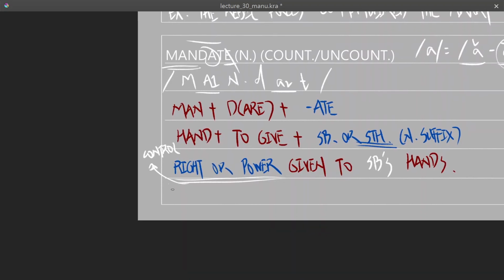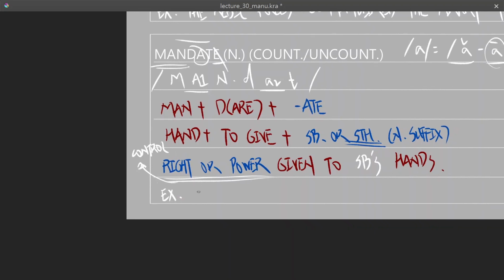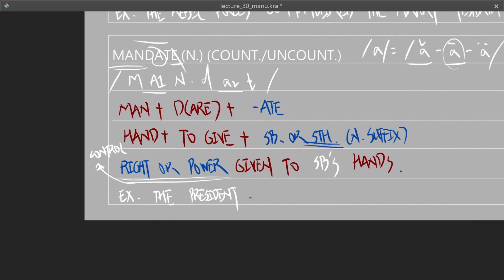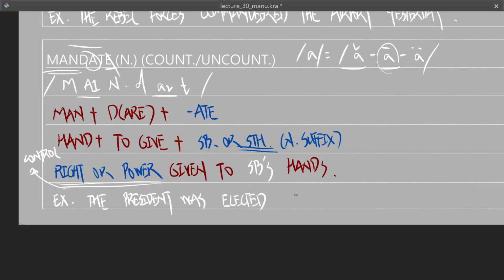Alright, mandate. For example, we could say, the president was elected with a clear mandate.